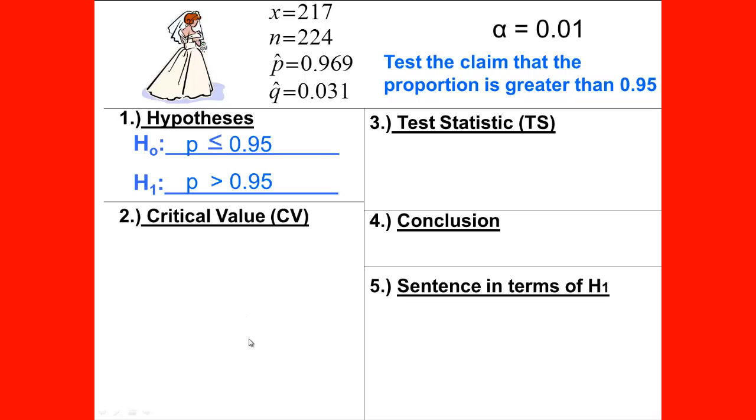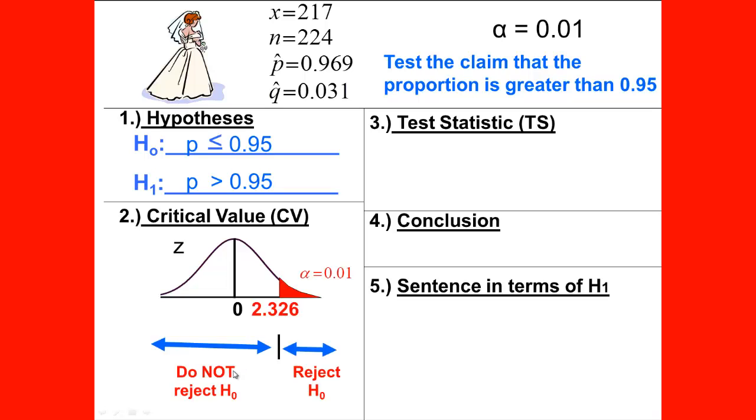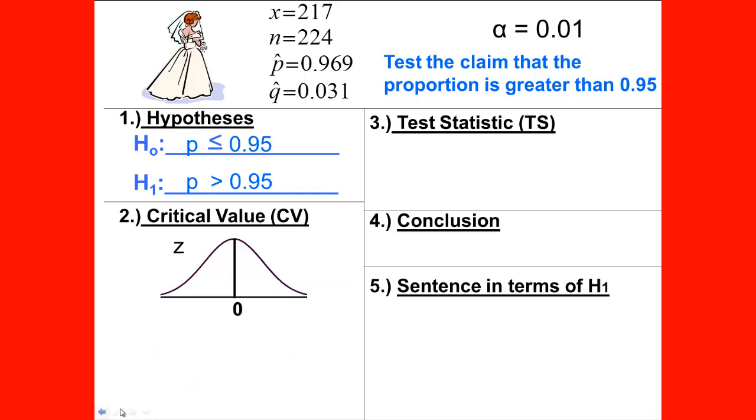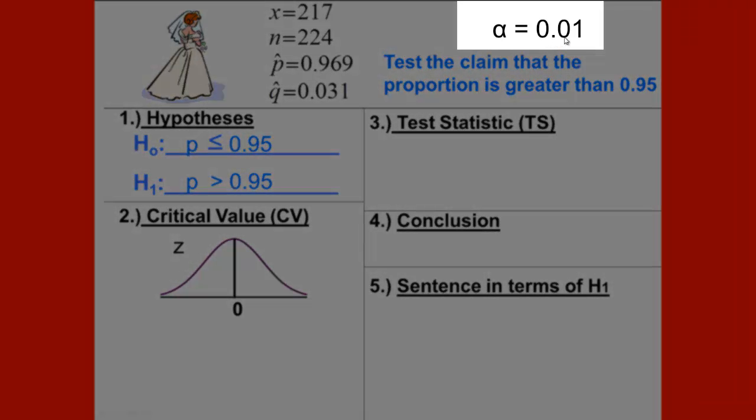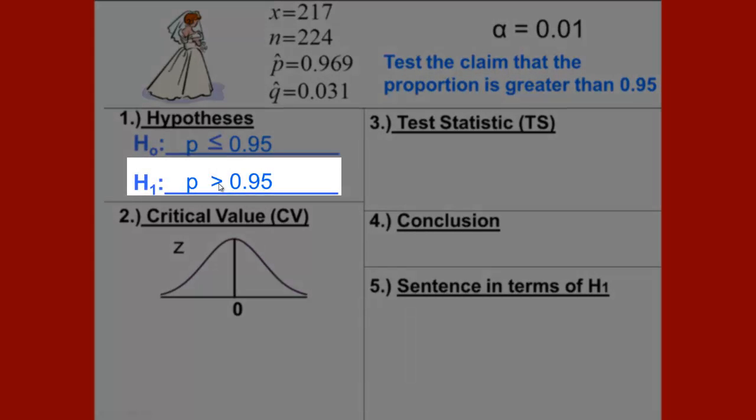We are ready for the critical value, which we always start with our normal curve. All proportions are z values, so this will be a z critical value. With your z value, you will go to your table and look up 0.01. And since it is greater than, that will be a right-tailed test.